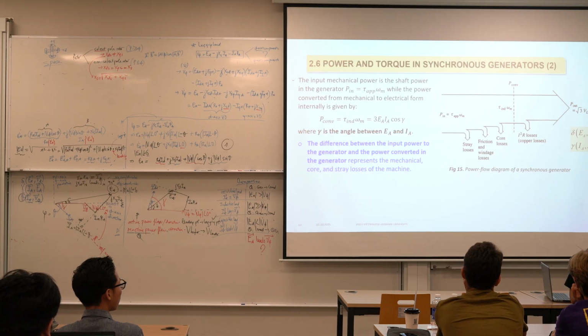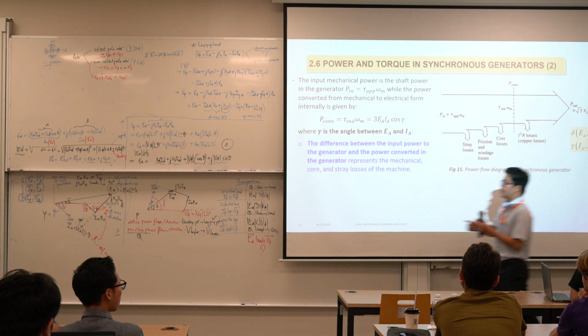So it's up to you. If you know induced torque and omega m, you can get converted power by this formula. Otherwise, if we know EA, IA, cosine gamma, you can get converted power by this one. Can we know EA? Yes, definitely, because we have this equation.